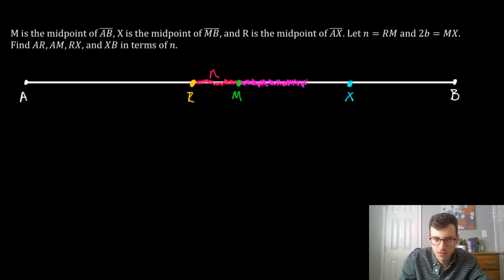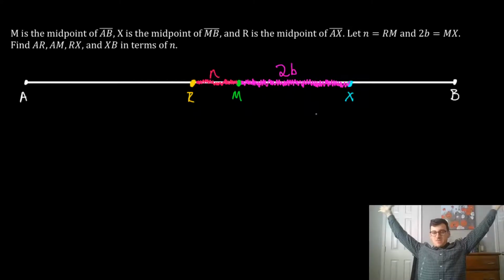So MX is 2B. We want to find AR, AM, RX, and XB in terms of N. Okay, this is great.